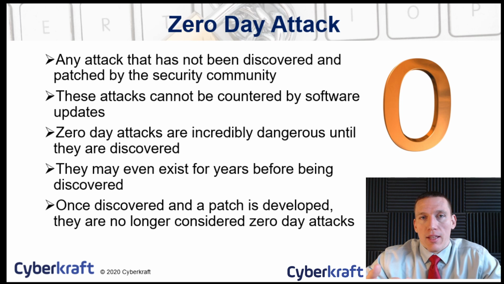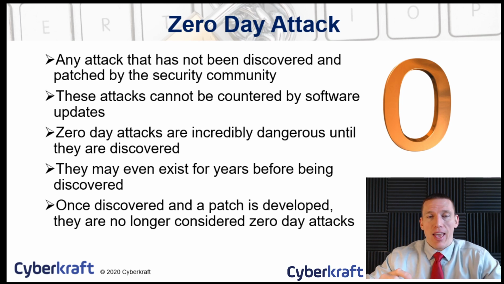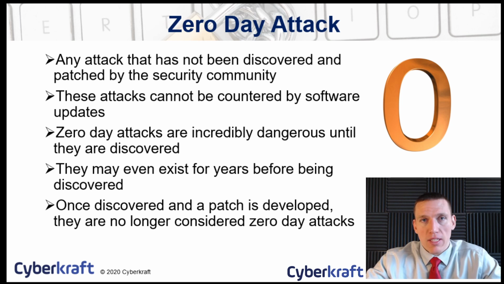This type of attack is incredibly dangerous because there's no countermeasure in place currently. The attack has usually been discovered by an advanced persistent threat group, or an APT, or just independent hackers.